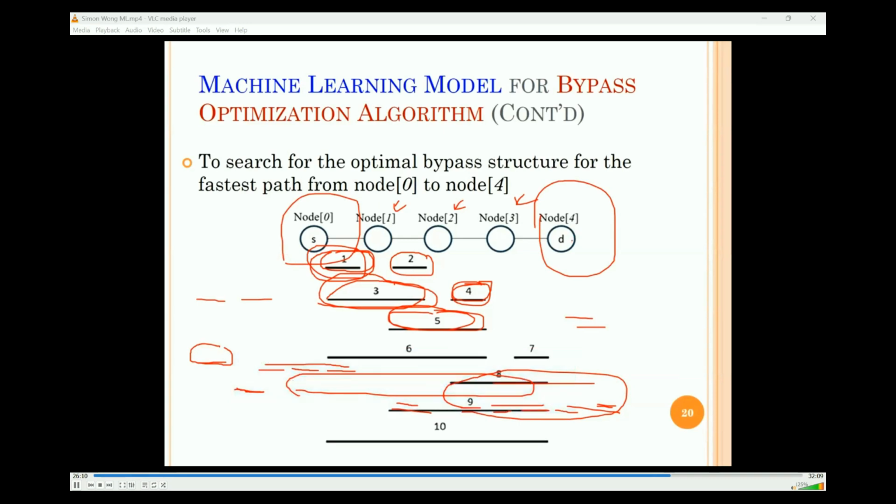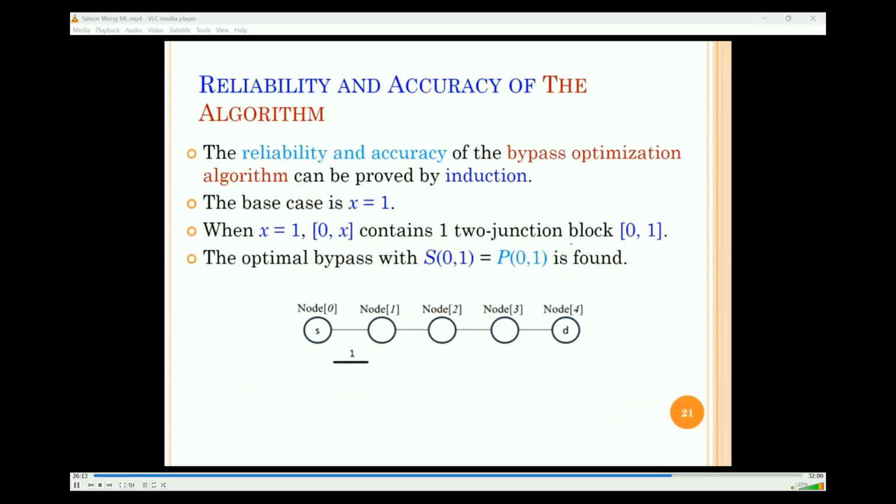Now, let's take a look at the reliability and accuracy of the algorithm. The reliability and accuracy of this bypass construction optimization algorithm can be proved by induction. So the base case is x equal to 1.